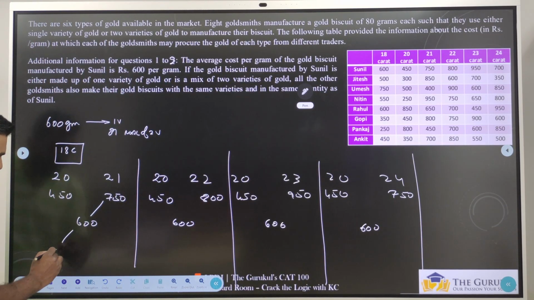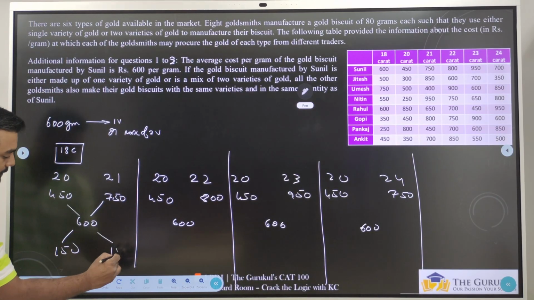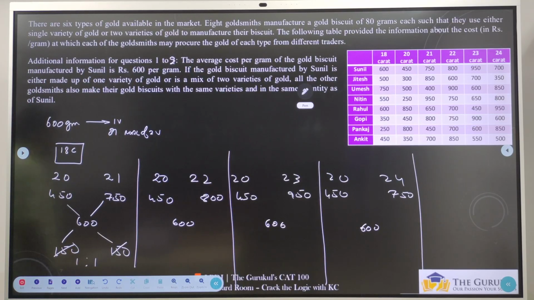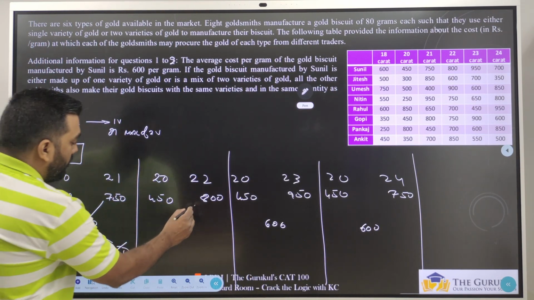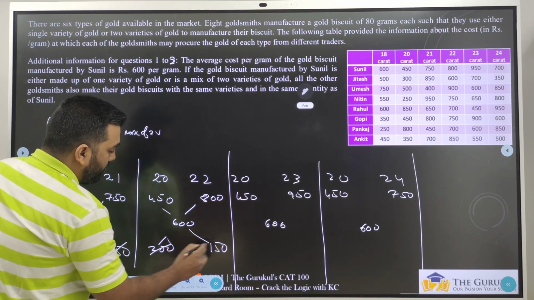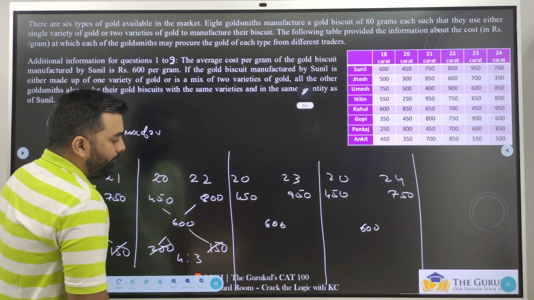Now how do I solve these mixtures? This will be 150, this will be 150. They both should be mixed in the ratio 1:1. So this set is a proper application of whatever we learnt in mixtures and allegations when it comes into logical reasoning problems. So this will be 200, this will be 150, which is 4:3.